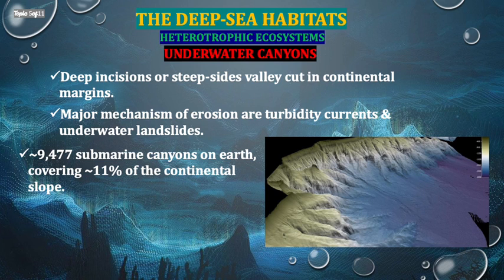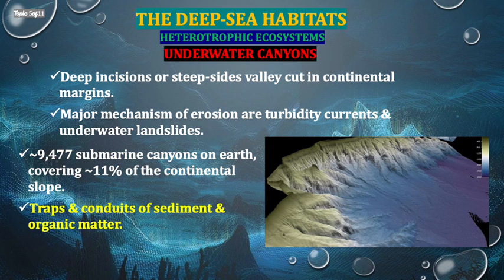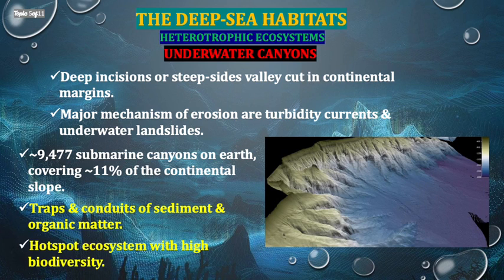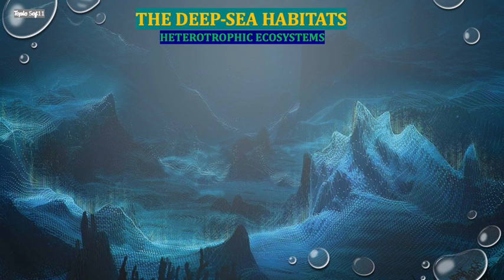Just imagine the Grand Canyon in the USA. So this is pretty much similar to that. Okay, so underwater canyons act like traps or conduits of sediments and organic matter. And they are considered biodiversity hotspots, particularly for cetacean species.